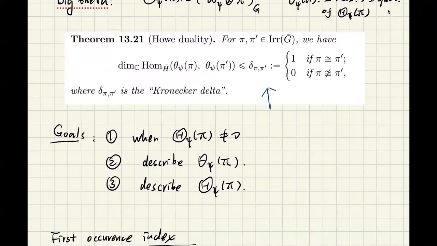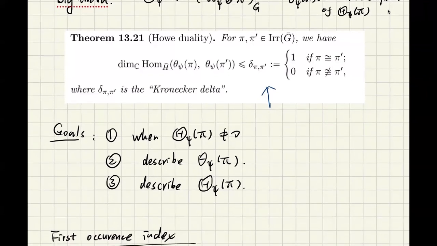Okay, then you can also ask about the Hasse diagram of the big theta as a module. So this one is known when pi is trivial. In this case, big theta is a submodule inside the general principal series.